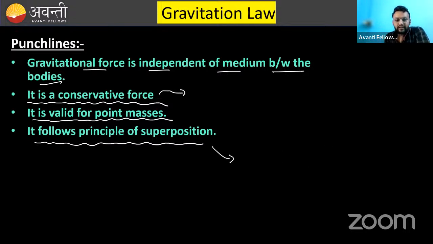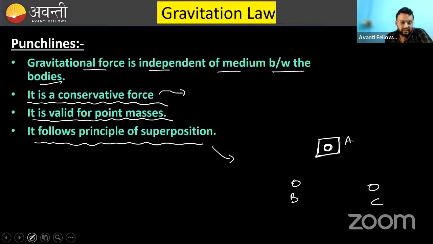The formula that we have written is for two masses only. Now, what if there are three masses, like A, B, C, and you have to calculate the force on A? Your object on which you are trying to calculate the force is A. B will exert force, C will also exert force.